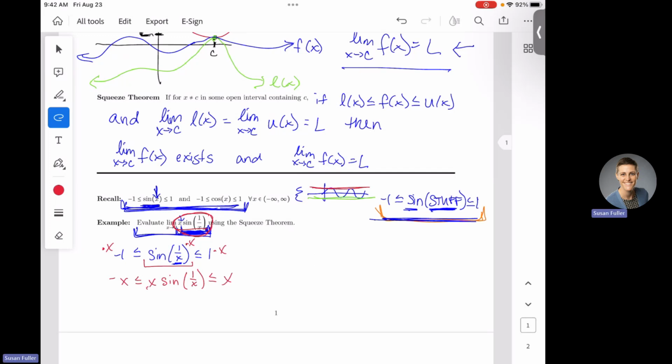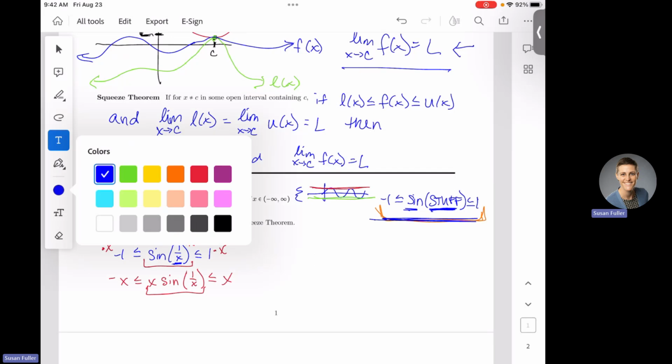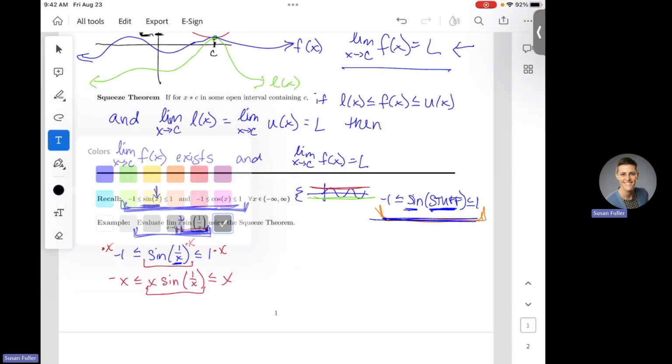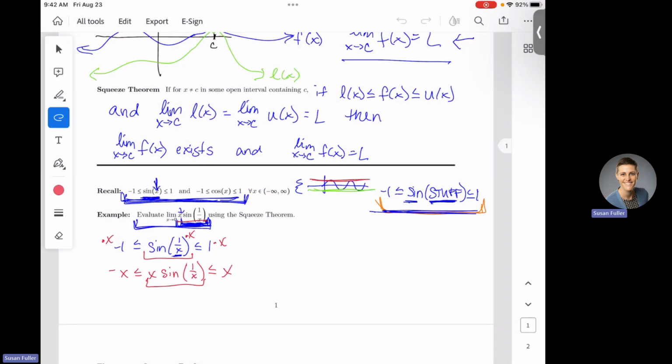Notice that now this middle part matches what I started with, and I wanted to know what the limit of this middle thing was. Now I have a function that is a lower bound for my f of x, and a function that is my upper bound of my f of x.